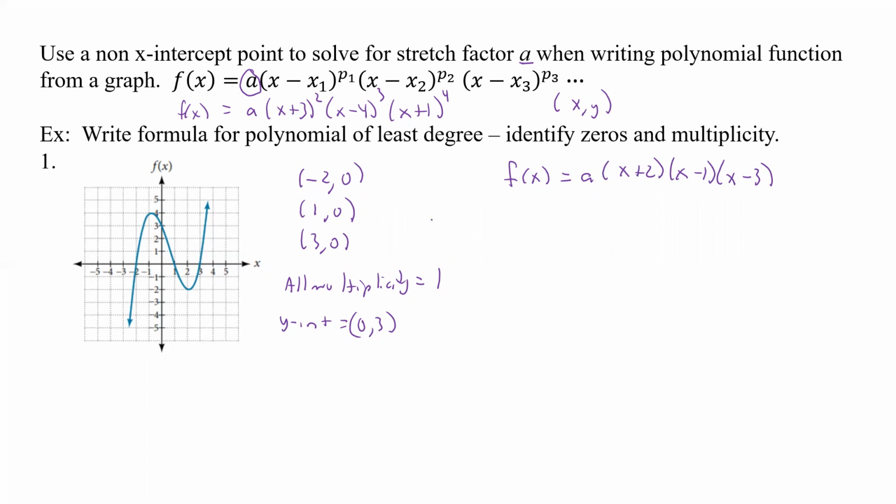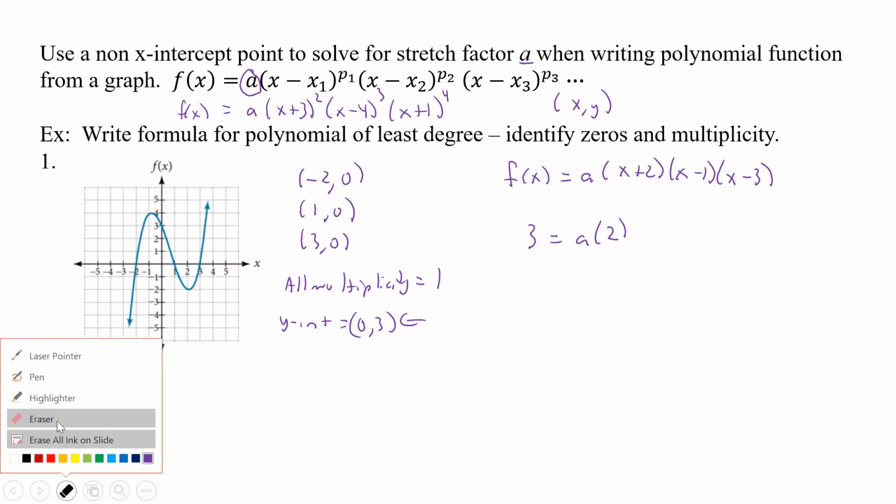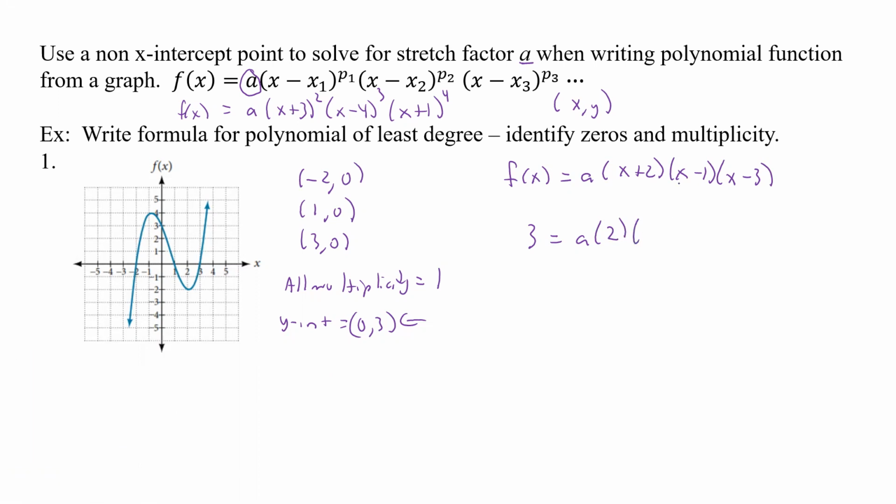Now we're going to use this point and plug it in here. So 3 equals a times, well, 0 plus 2 is 2, and then we have 0 minus 1, so it's minus 1, and 0 minus 3 is a minus 3.